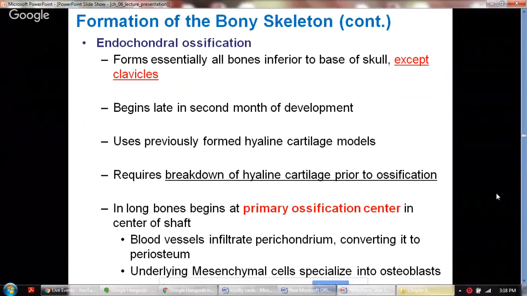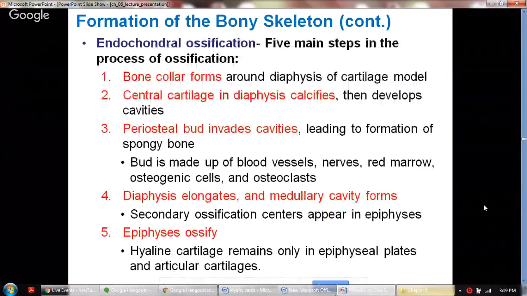The blood vessels invade it, and due to this invasion, lots of nutritional changes happen. So the perichondrium is now converted into the periosteum, and the underlying mesenchymal cells specialize into osteoblasts, bone-forming cells.